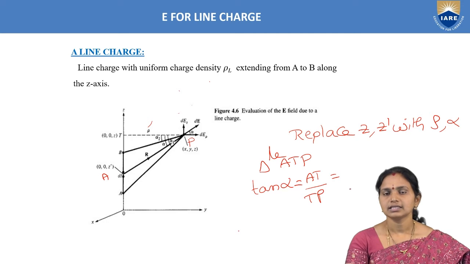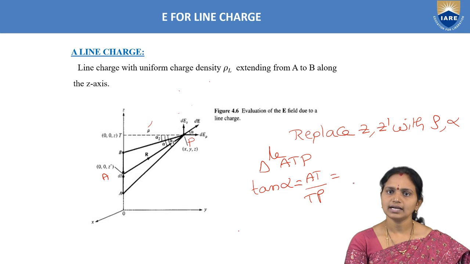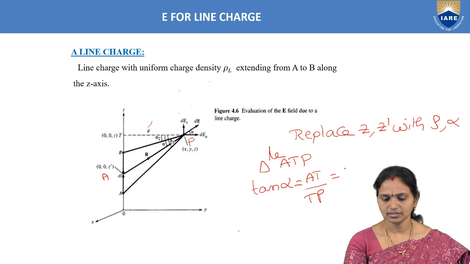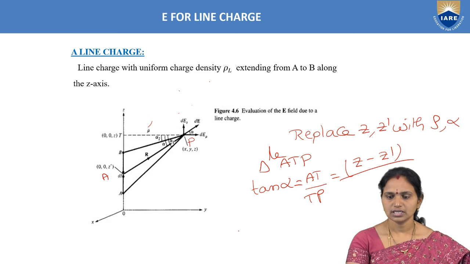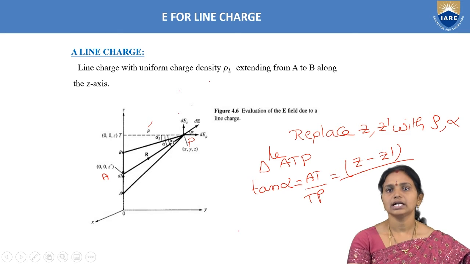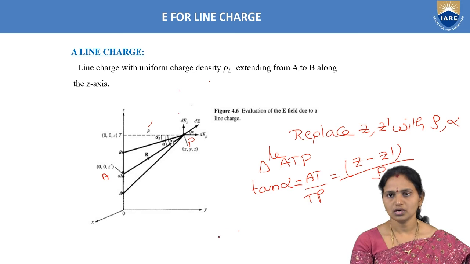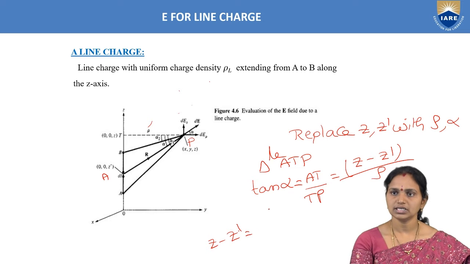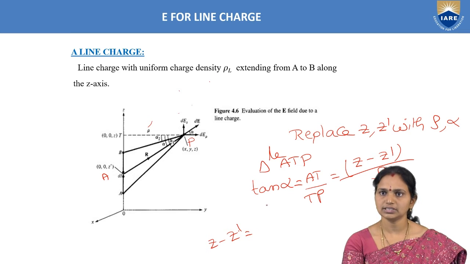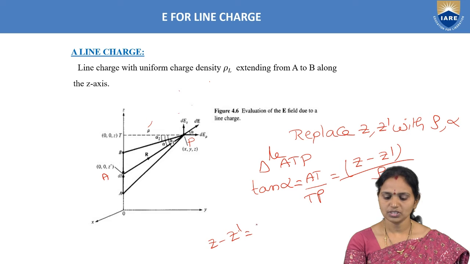AT is the distance between z and z dash, which we can take as z minus z dash, divided by TP. TP is the distance between point P and the z axis, which we can take as the radial distance rho. So from this I can write z minus z dash as tan alpha into rho.